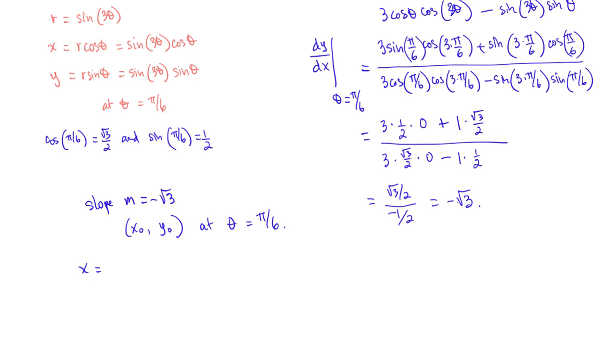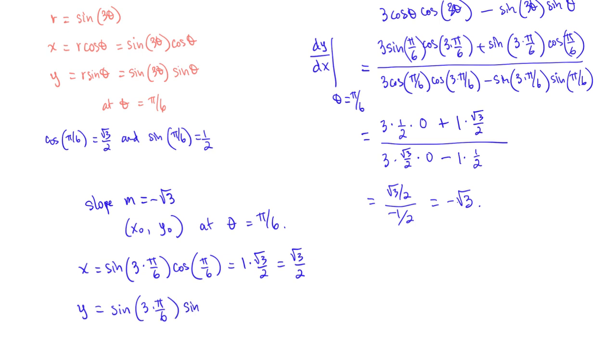Using x equals sine of 3 theta times cosine of theta, where theta is pi over 6, this is sine of pi over 2, which is 1, times cosine of pi over 6, which is root 3 over 2. So x is root 3 over 2. y is sine of 3 theta times sine of theta. Sine of pi over 2 is 1, and sine of pi over 6 is 1/2.